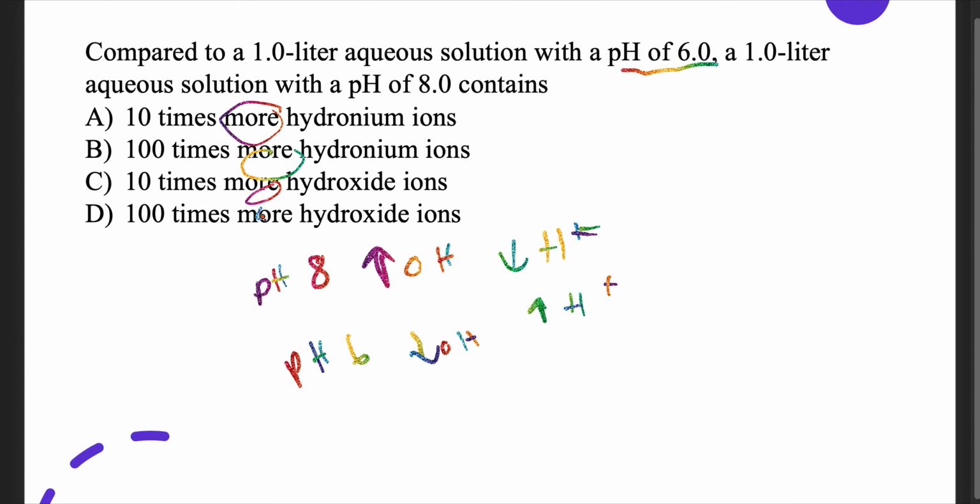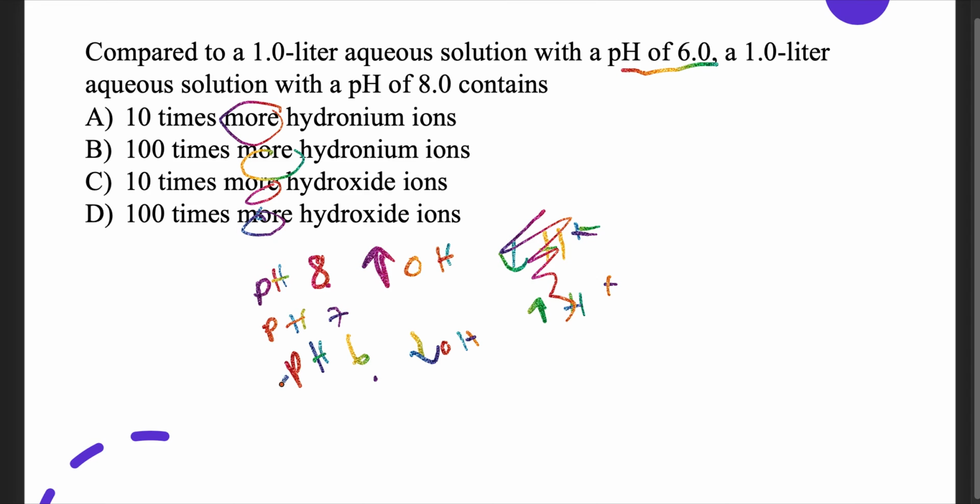Okay, so because 8 is higher than 6, we're going to be looking at the hydroxide ion. Because as you go up the pH scale, hydroxide ions are the ones that are increasing. And we're comparing 6 to 8. So keep in mind that there is pH of 7 in between them.